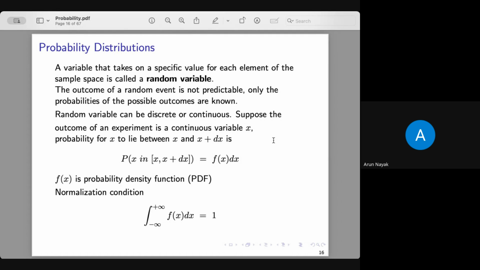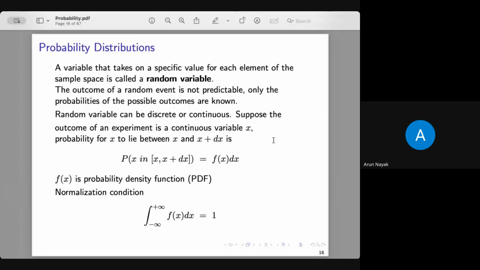The outcome of that random event is not predictable, but we only know the probabilities of the possible outcomes. If you throw one dice, you have equal probability of getting 1 to 6. So that is a kind of uniform probability. Random variables can be discrete or continuous. In the example I gave, it is discrete between 1 and 6.